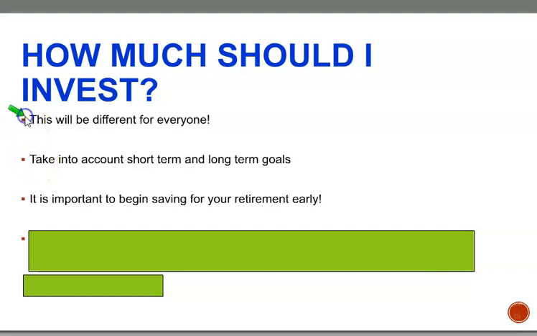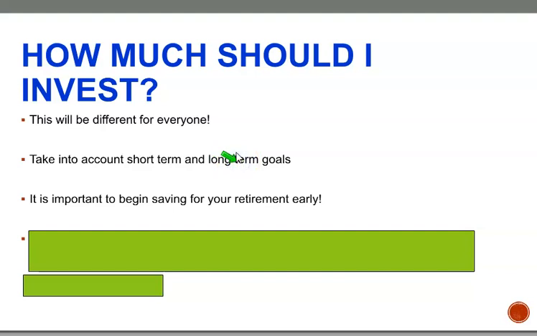Those are some things you have to take into consideration. It's different for everybody. Take into account your short-term and long-term goals. What are you investing for? Are you investing the money you got for graduation, or are you just going to put it in a savings account? What are those short-term goals and what are the long-term goals?